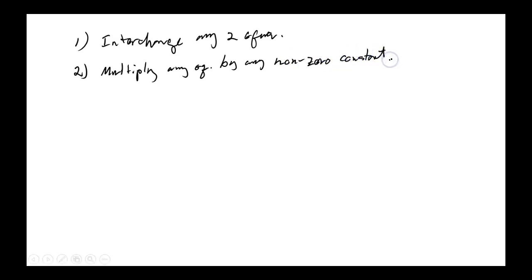Now, why wouldn't you want to multiply by 0? You lose the meaning of everything. So never multiply by 0. But you can multiply by any, and that's the entire equation, the left-hand side and the right-hand side. You can't just multiply one or the other, the whole equation.